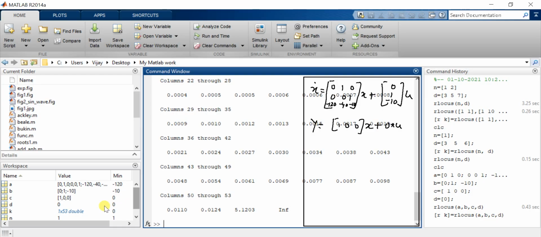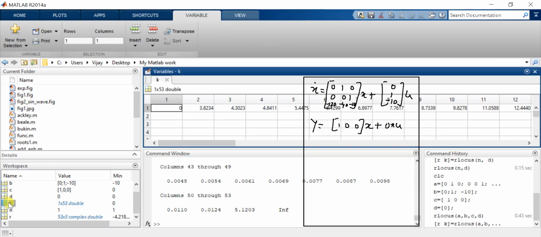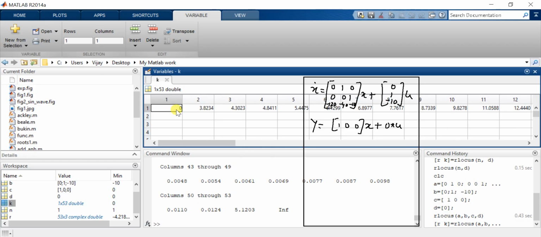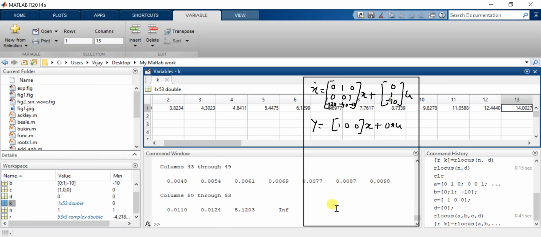This will give you the roots and the value of k. You can see here that the value of k is varied from 0 to infinite. All the values of gain k are listed, and it is varied from 0 to infinite.